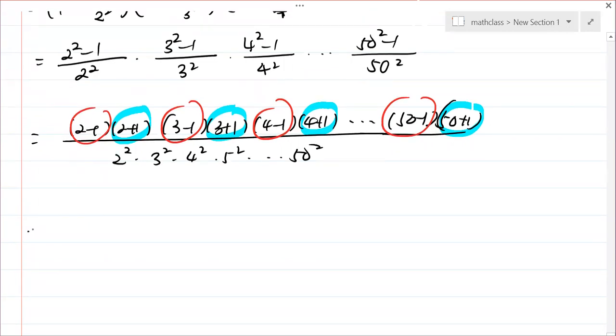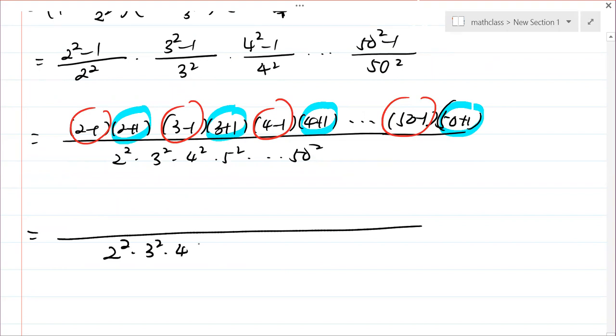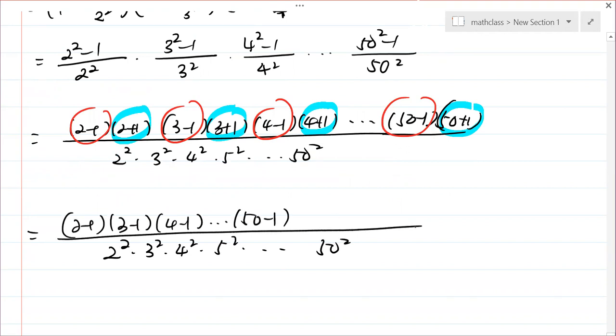All right, so here let's do it. 2 square, 3 square, 4 square, 5 square, up to 50 square. So 2 minus 1, 3 minus 1, 4 minus 1, and 50 minus 1. Then another group, 2 plus 1, 3 plus 1, 4 plus 1, and 50 plus 1.